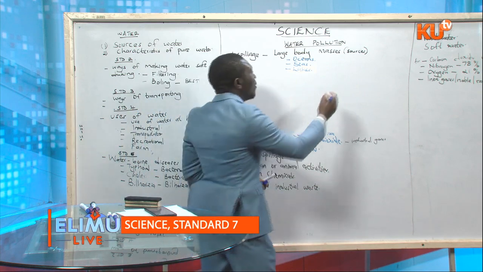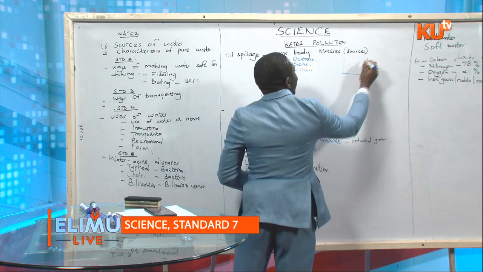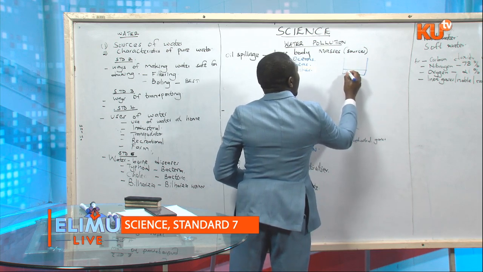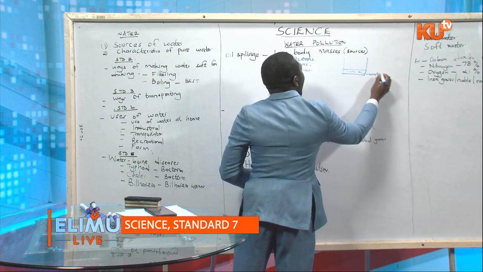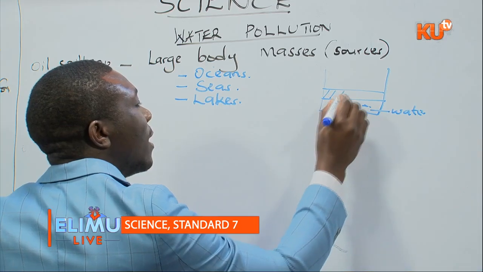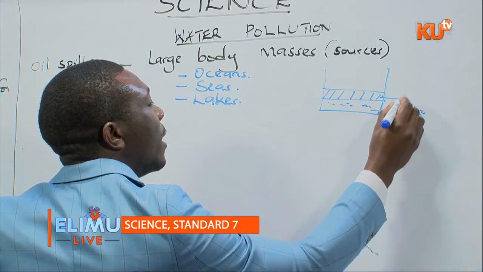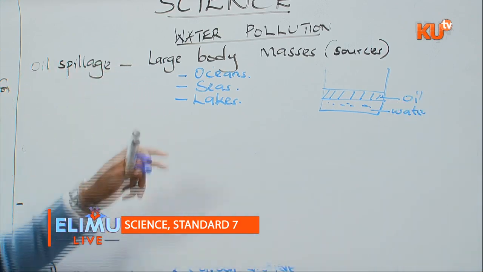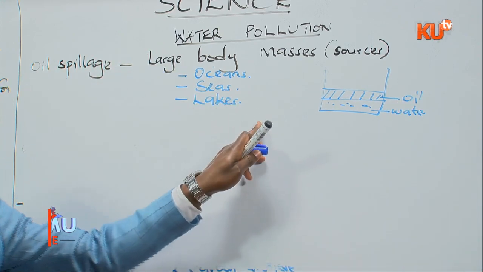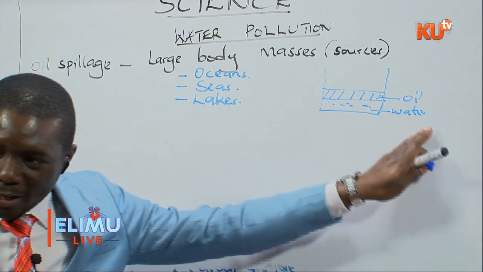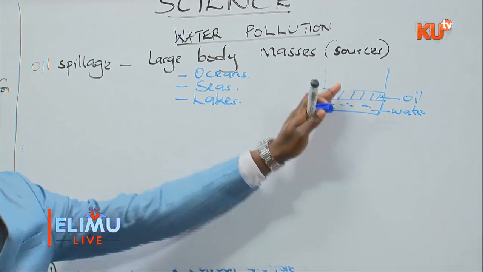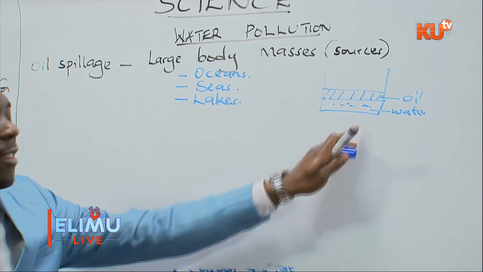Because it does not mix, it makes 2 layers. Water, because it is denser than oil, forms the bottom layer, and oil, because it is less dense than water, forms the top layer. So when this oil spills in the body masses, it floats on the water and prevents air from entering the water.